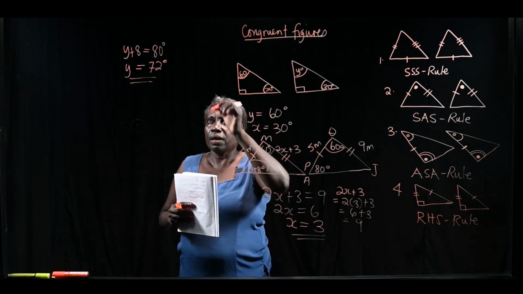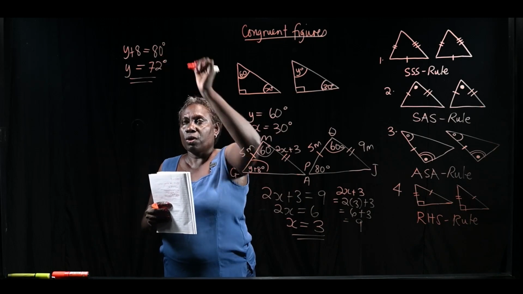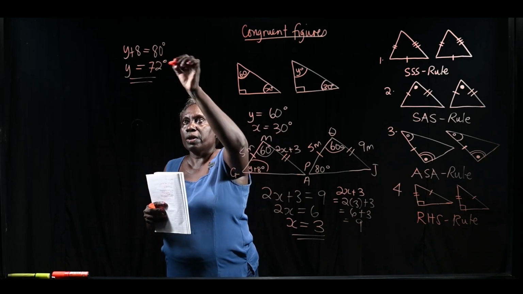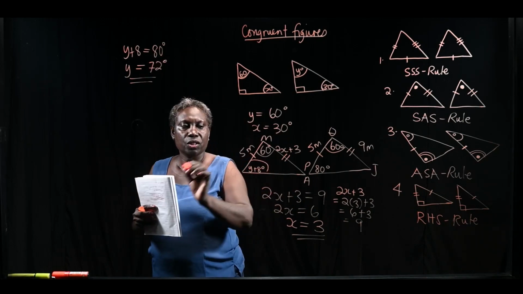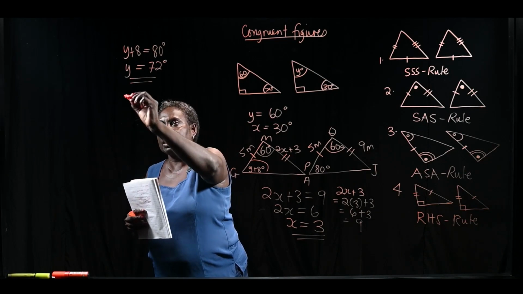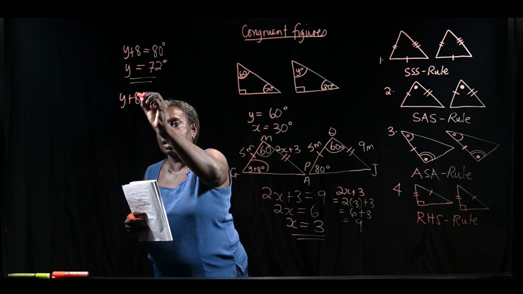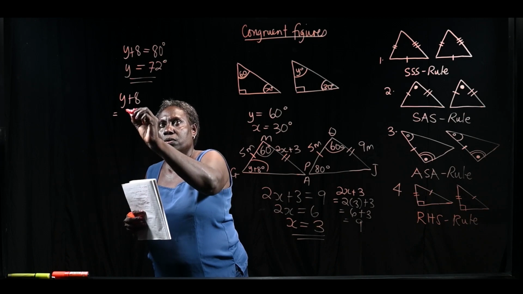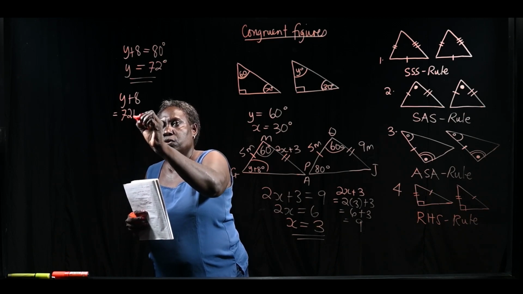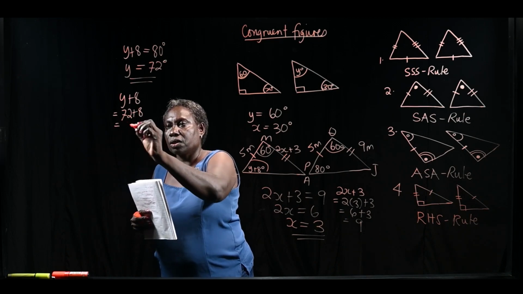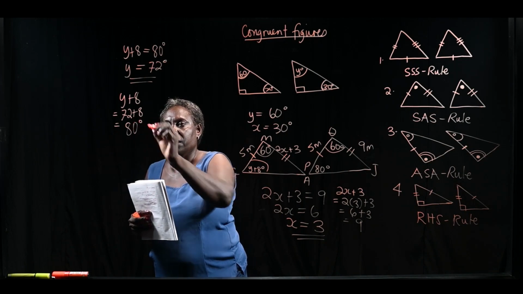Now, let's see if it's going to be equal to 80 when we substitute y into the equation y plus 8. Y plus 8 is equal to 72 plus 8, which is equal to 80 degrees.